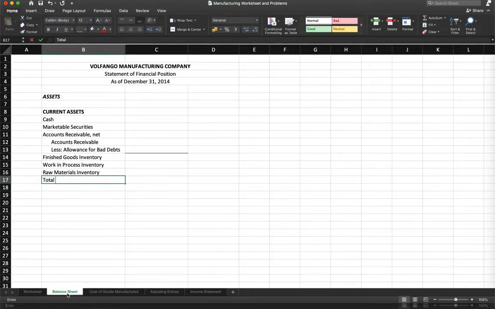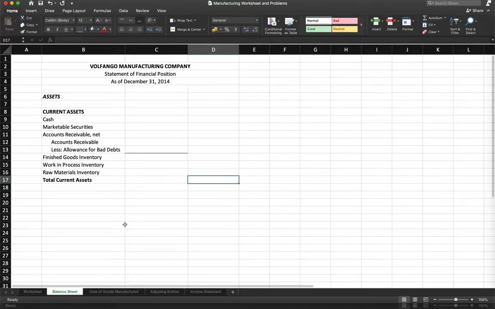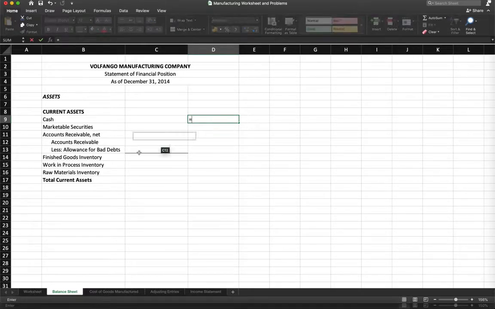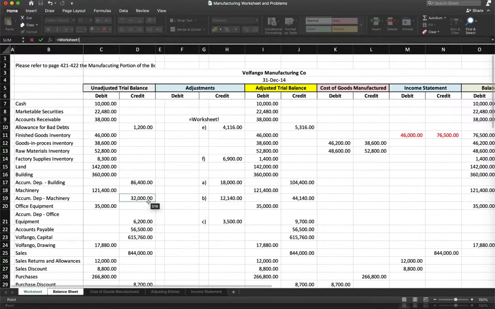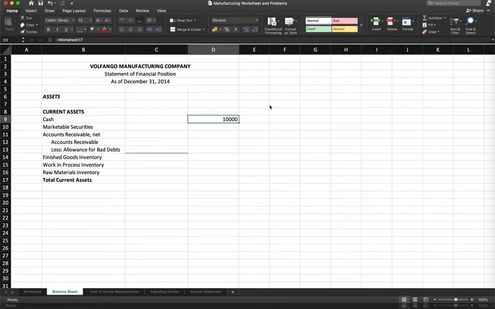So, total current assets. Magkano tong cash? We have cash in adjusted trial balance 10,000 pesos.